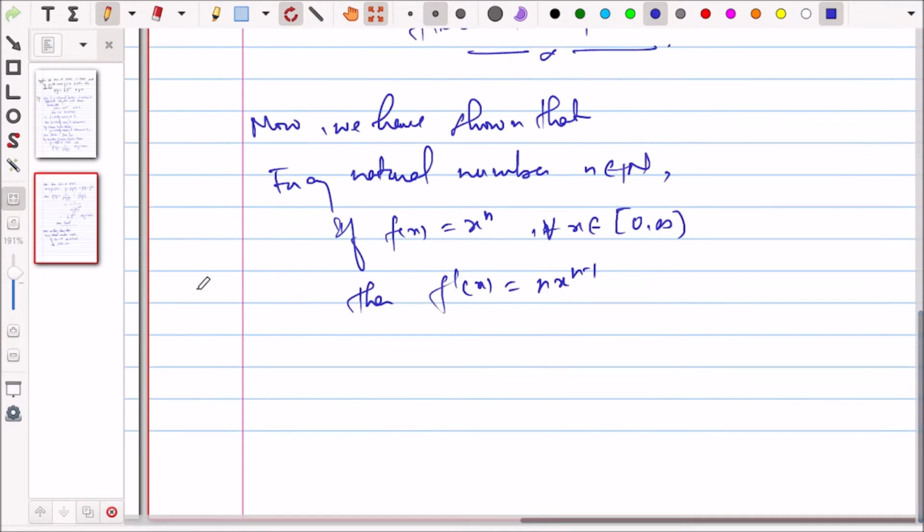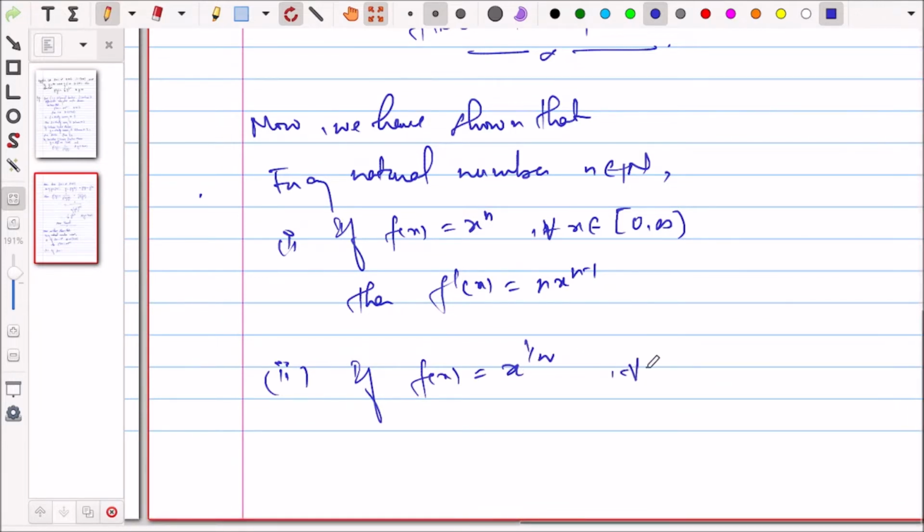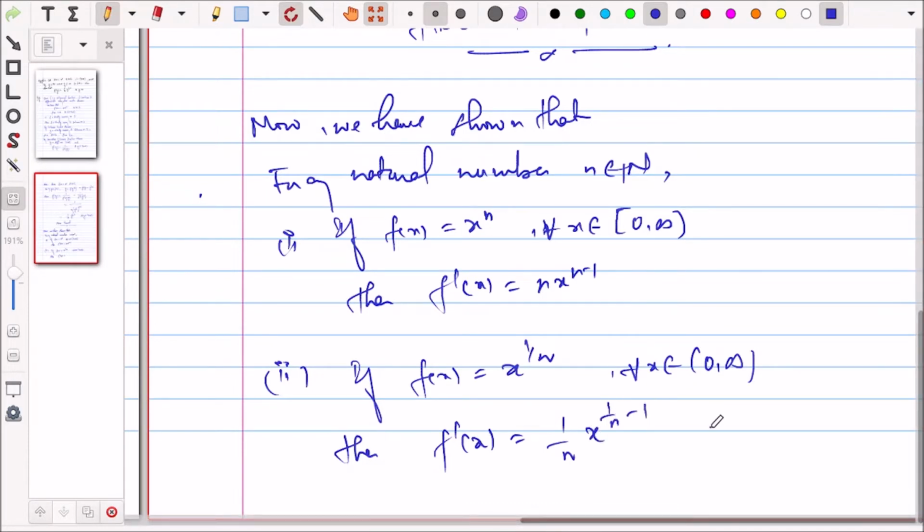And the second thing we have shown is this. If f(x) is equal to x to the power 1 by n, for all x belonging to 0 to infinity, keep in mind that this function is not differentiable at 0, then f dash x is equal to 1 by n x to the power 1 by n minus 1 for all x belonging to 0 to infinity.